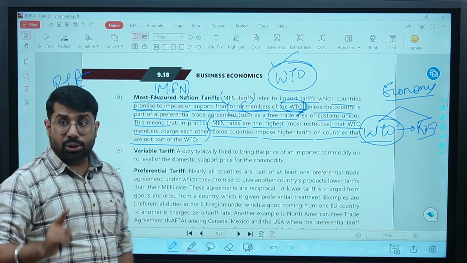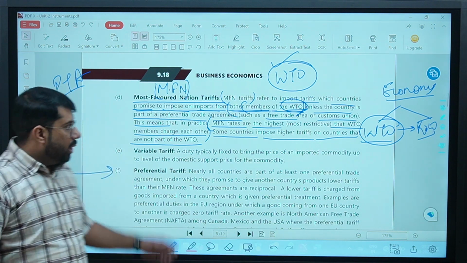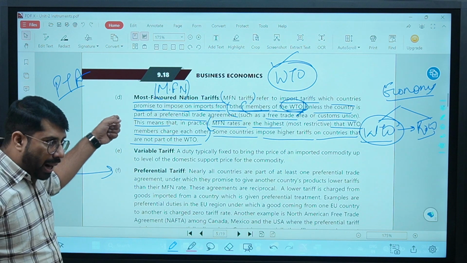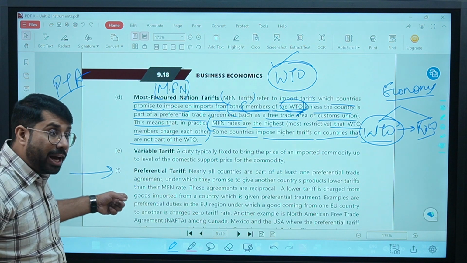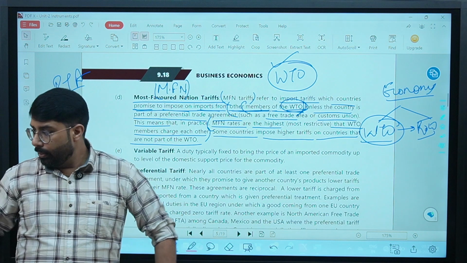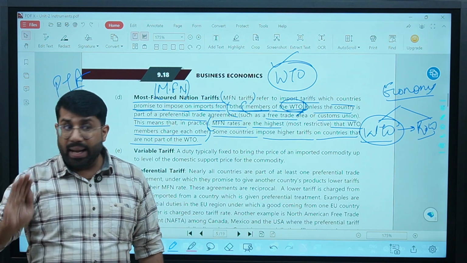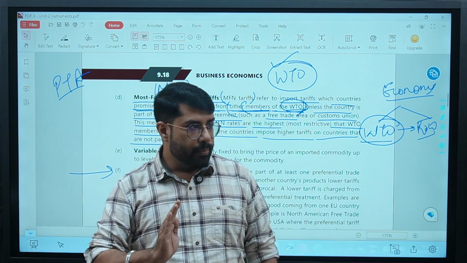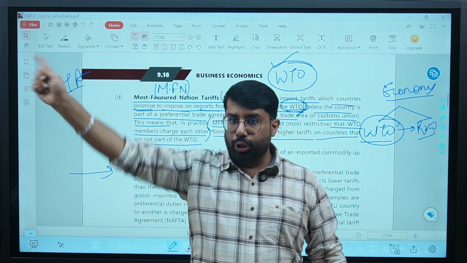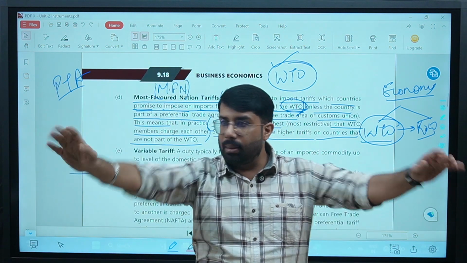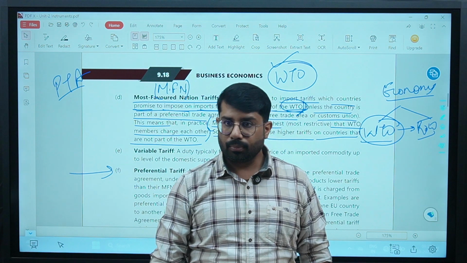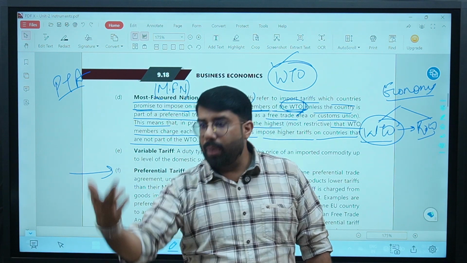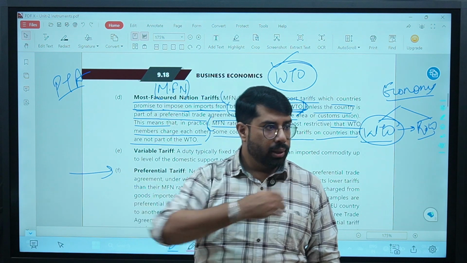Now understand this very carefully. If you understand this part that I'm about to explain, it will help you understand preferential tariff also. Now try and understand one thing very specifically. This is WTO and we are the members of WTO. Let us talk about two members here, let us say me and him.